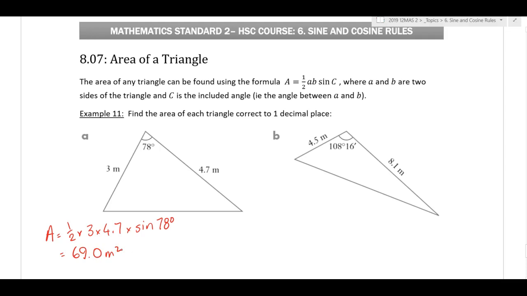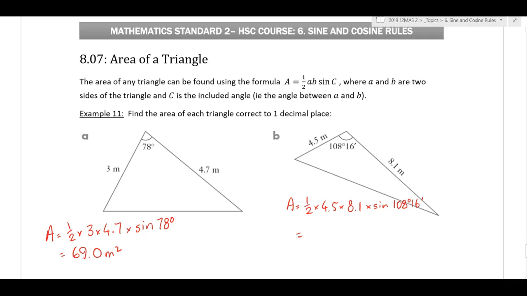One decimal place. Again, two sides, the included angle. The area is half times 4.5 times 8.1 times the sine of 108 degrees 16 minutes.